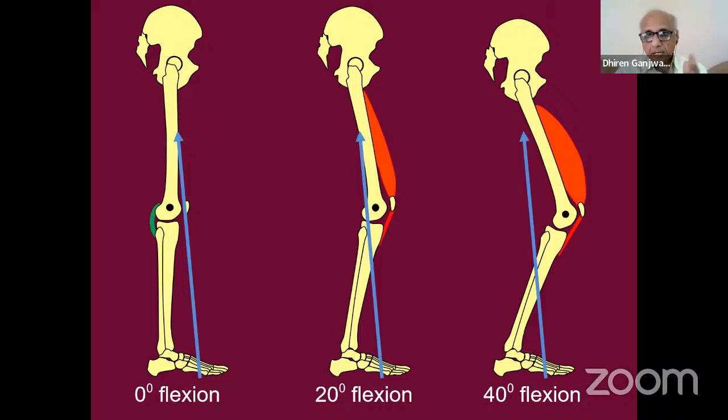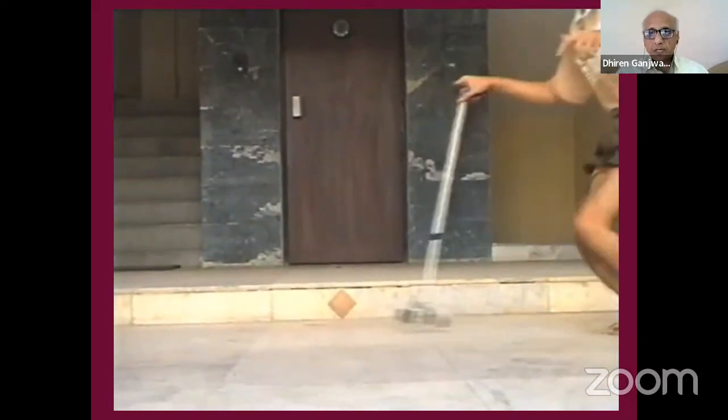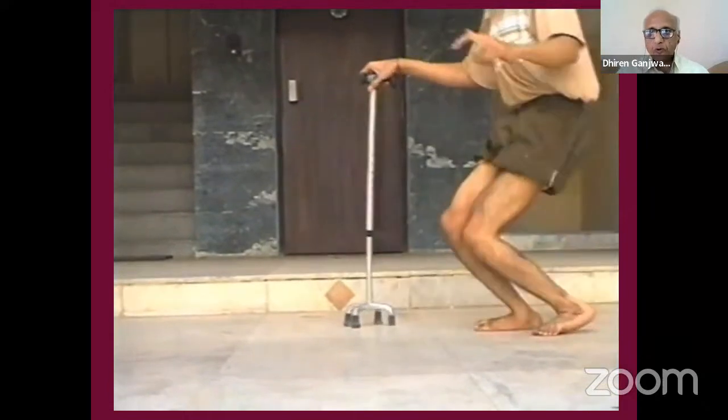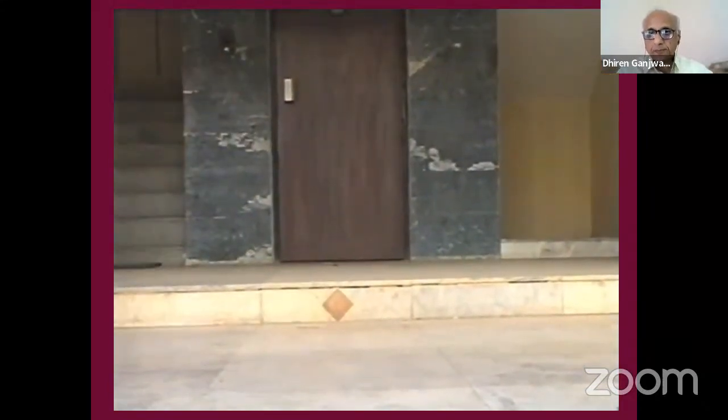So as the knee remains in a flexed position during this phase, the quadriceps has to work more and more. To show this point, look at the quadriceps muscles of this particular boy. They are working very strongly to maintain the knee in an upright posture.